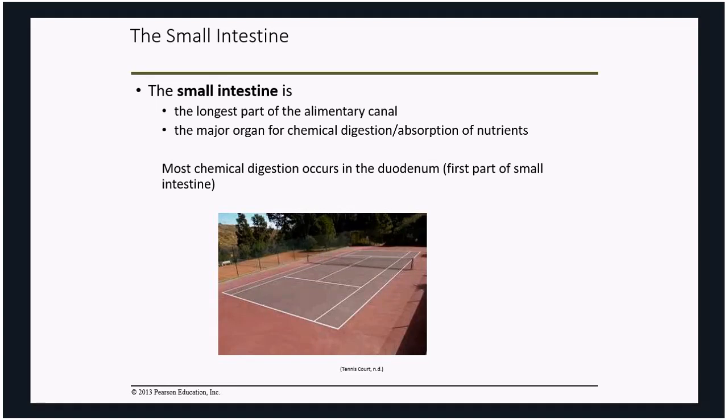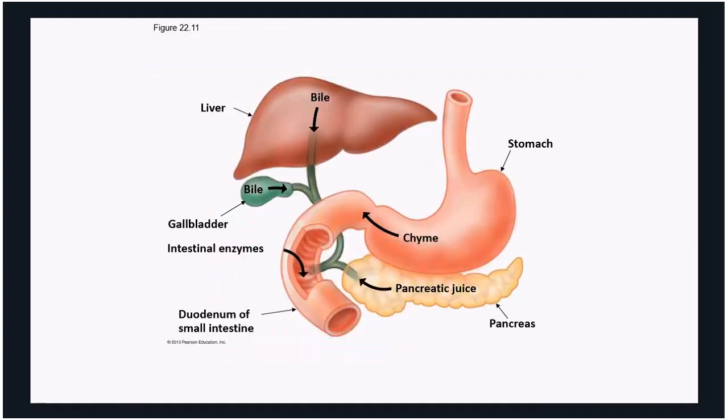The first part of the intestine, the duodenum, or duodenum, depending on who you listen to, is the name of this first part of the small intestine right here after the stomach. So a lot more chemical digestion happens here. So far I haven't mentioned fats. This is actually where fats will start to be digested.